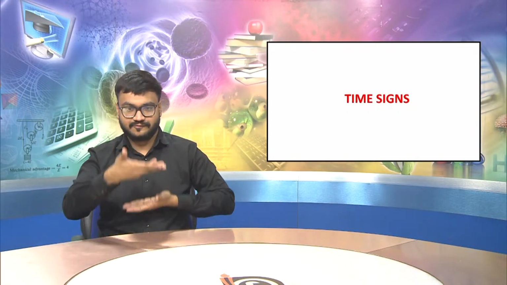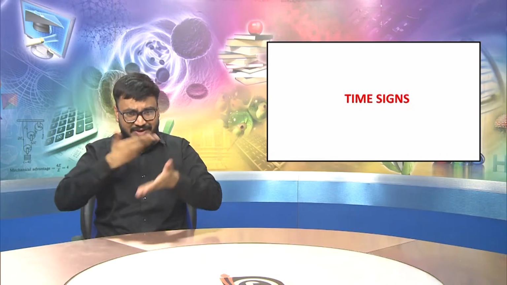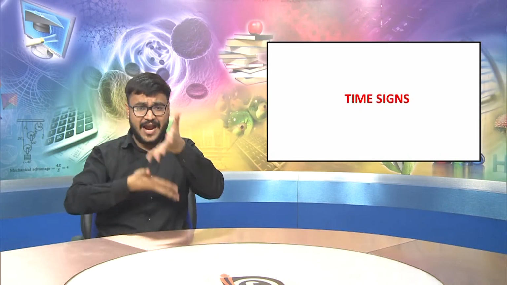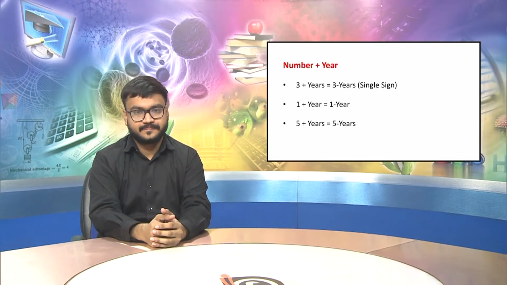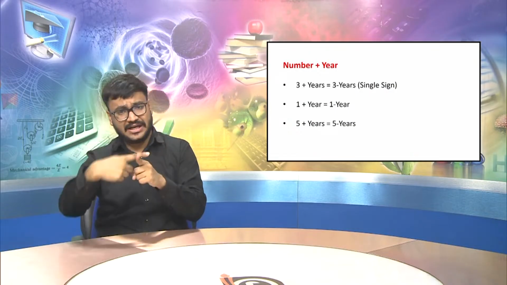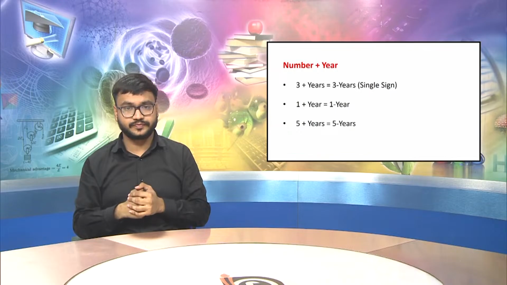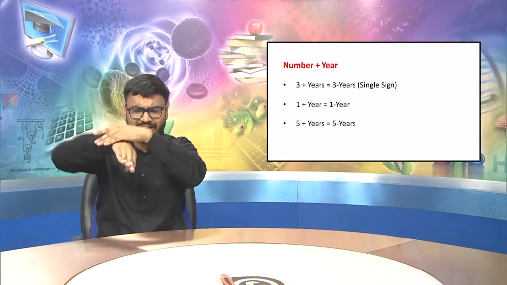Welcome back to NIOS live classes. Now, the next topic we will learn about is time signs. For time signs, we use two specific words: the number along with the year.